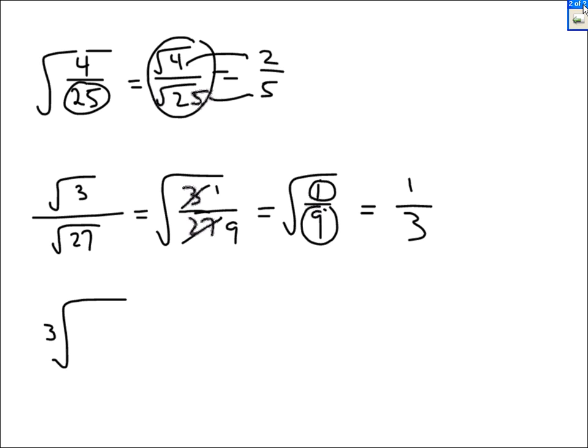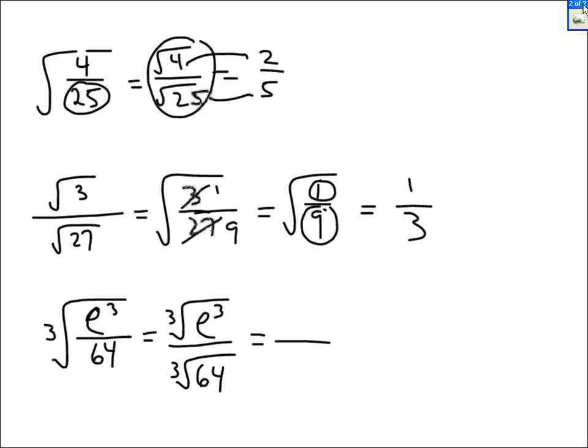If you have the cube root of e cubed over 64, well, this is the cube root of e cubed divided by the cube root of 64.